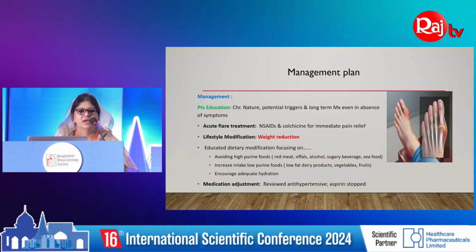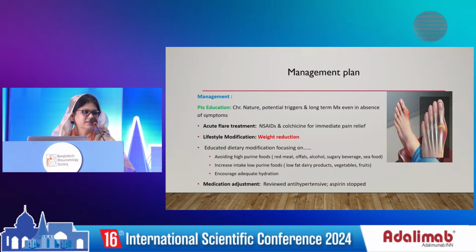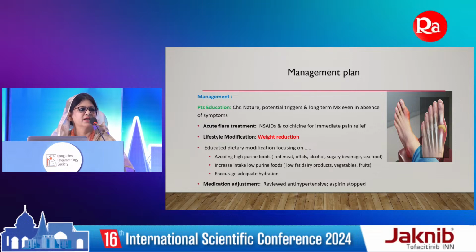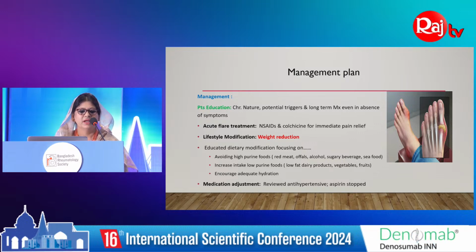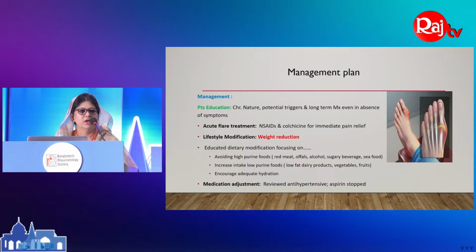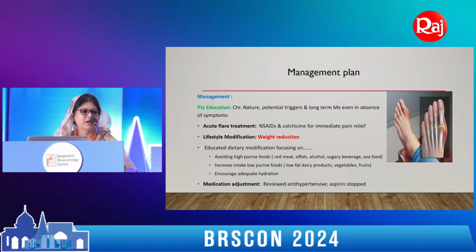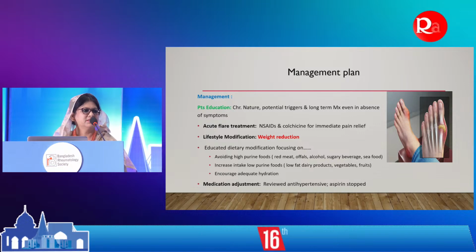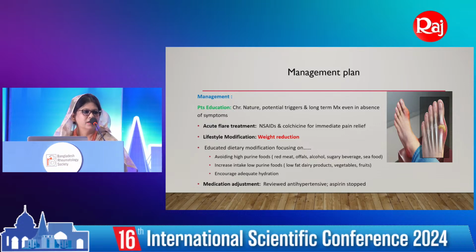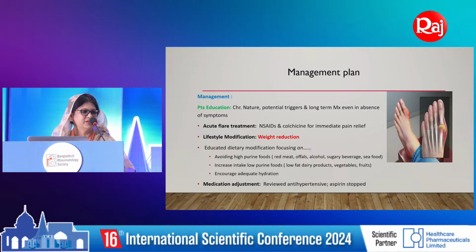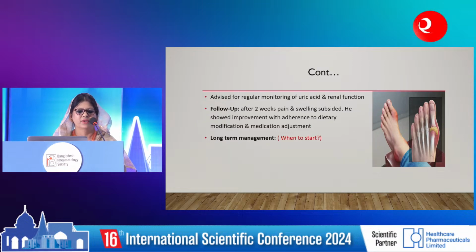But the most important thing is he has to be educated regarding lifestyle modification, regular exercise, avoiding high purine diets, and increased intake of low-fat dairy products, vegetables, and encourage adequate hydration. His antihypertensive drug was adjusted in place of thiazide diuretics, and his aspirin was stopped.